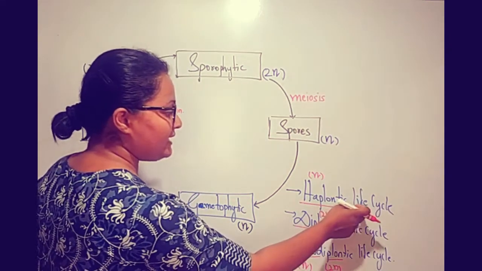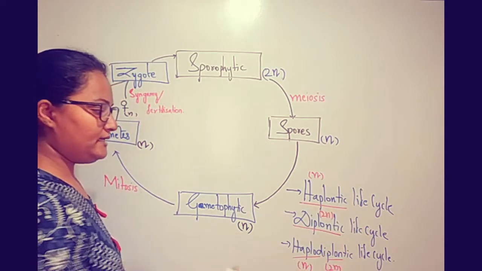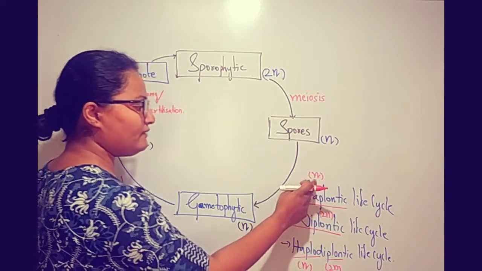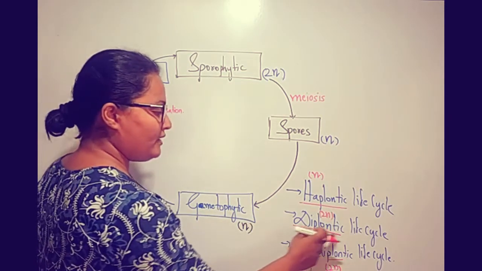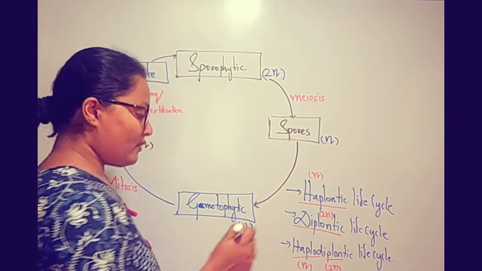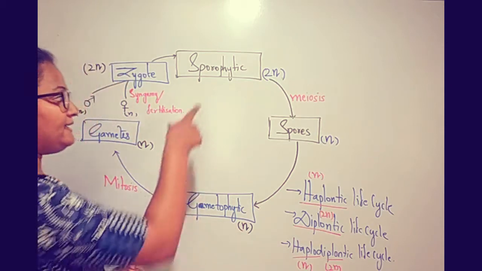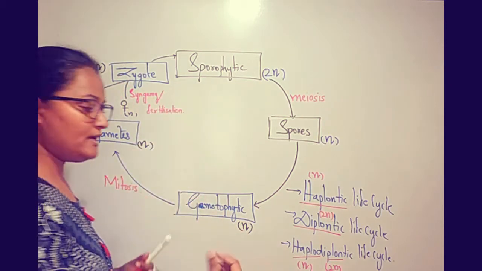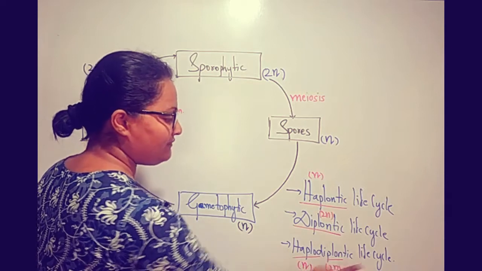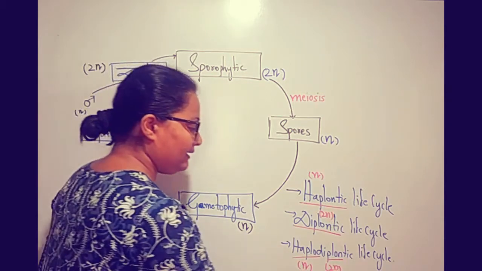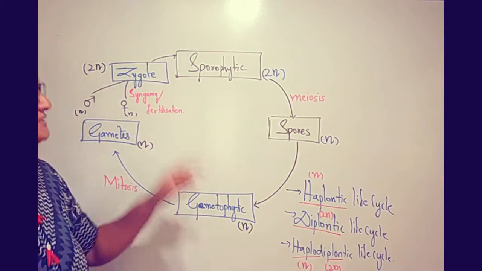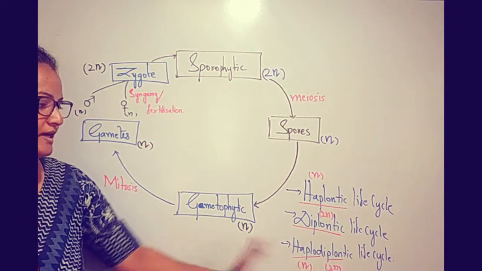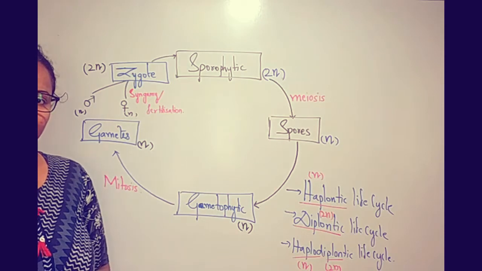In the haplontic life cycle, the gametophytic generation is dominant. In the diplontic life cycle, the sporophytic generation is dominant. In the haplodiplontic life cycle, they give equal importance to both the gametophytic and sporophytic generations.